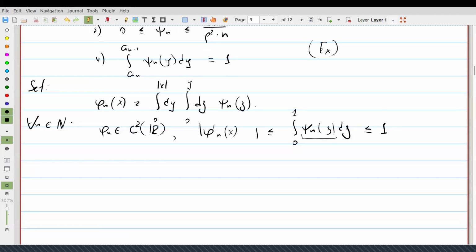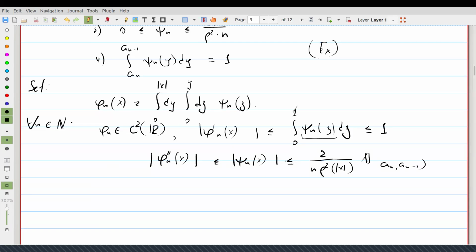There is no reason to go above 1. And its second derivative is also controllable: it is less than 2 over n rho squared of the modulus of x, times the indicator of the interval.